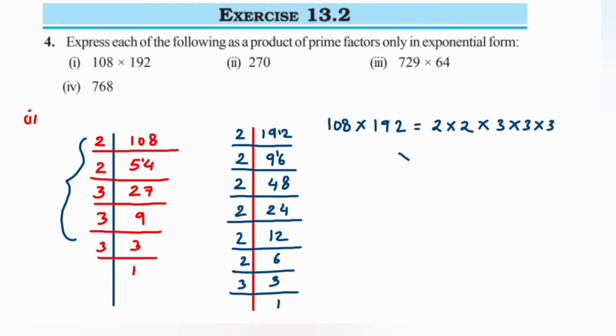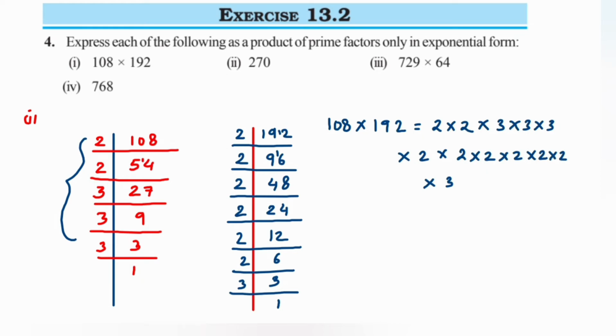Now for 192, I'm just doing the continuation here. We have a total of 6 factors of 2, so we're going to just write down 2 six times here. And then multiplied by 3. Now we have to just count how many times we are multiplying 2.